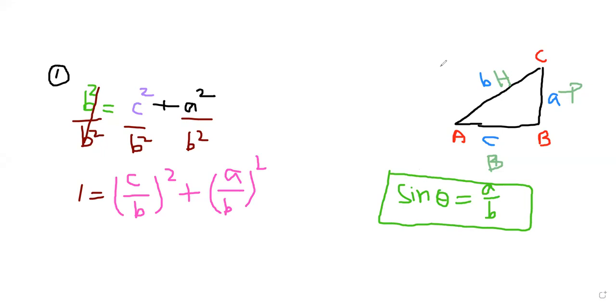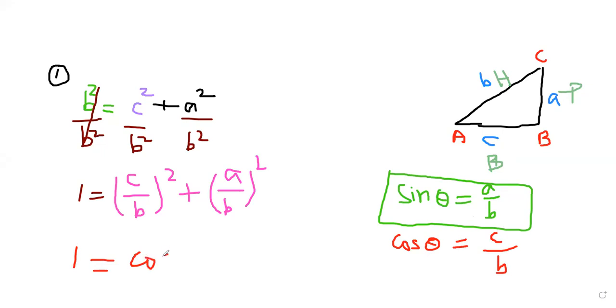Similarly, from this diagram, cos theta is equal to base over hypotenuse, so this will be c over b. After putting in these values, it is clear that c over b is cos theta.